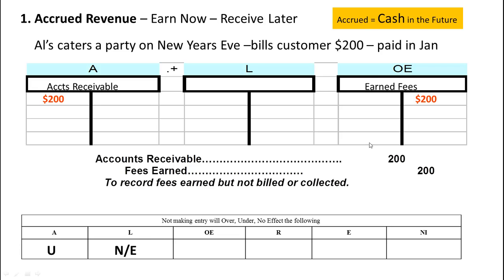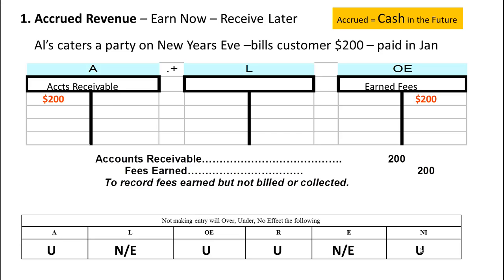Owner's equity is going to be understated, and revenues, that is fees earned, will be understated. Expenses were not affected here, so there'll be no effect on expenses. And net income: if you understate revenues and your expenses are not affected, then your net income is going to be understated. So that's accrued revenues.